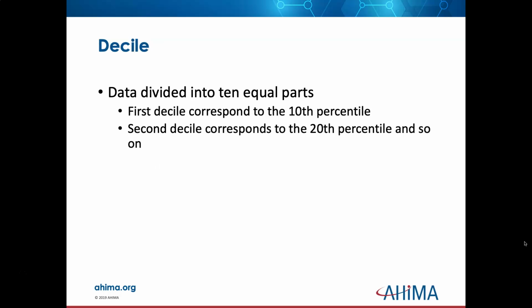Decile is just like quartile, except instead of it being 4 equal parts, a decile is 10 equal parts. So instead of looking at 25, 50, and 75, you're looking at 10, 20, 30, 40, 50, 60, 70, 80, 90, and that sort of thing.